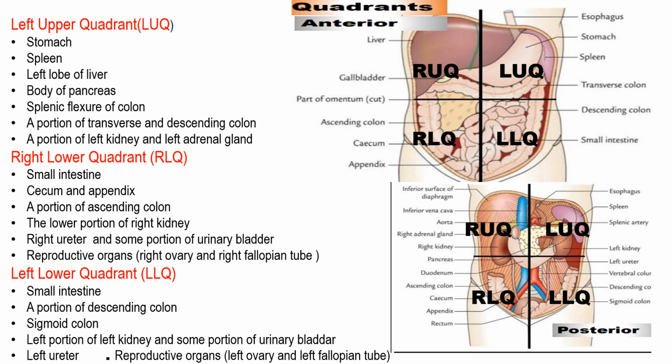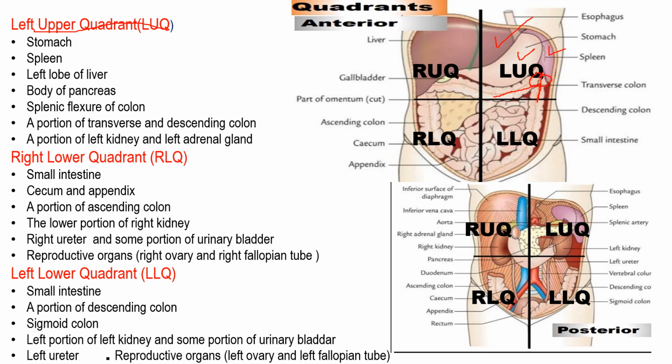Next quadrant is left upper quadrant, and this quadrant contains left lobe of liver, stomach, spleen, transverse colon and some portion of descending colon. And the point where transverse colon turns into descending colon is known as splenic flexure of colon.